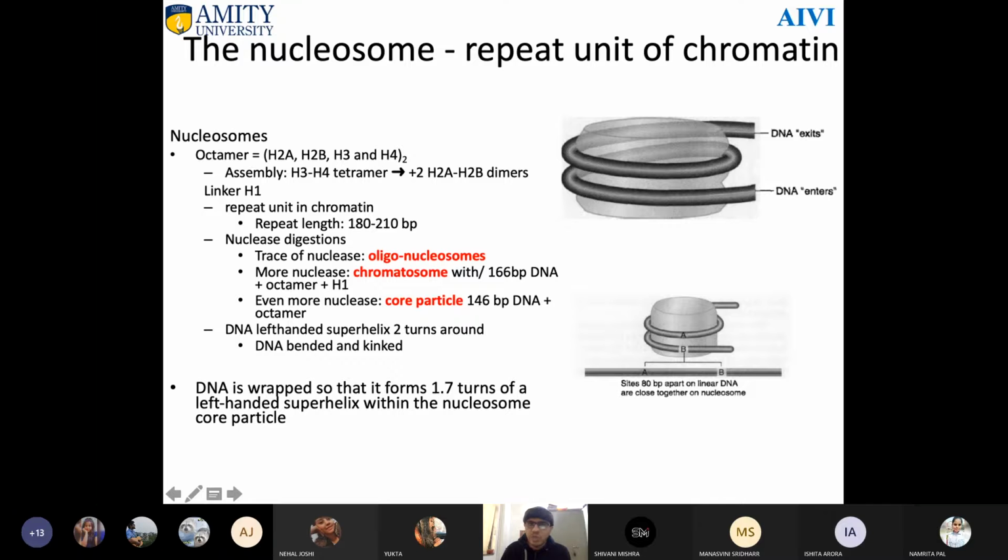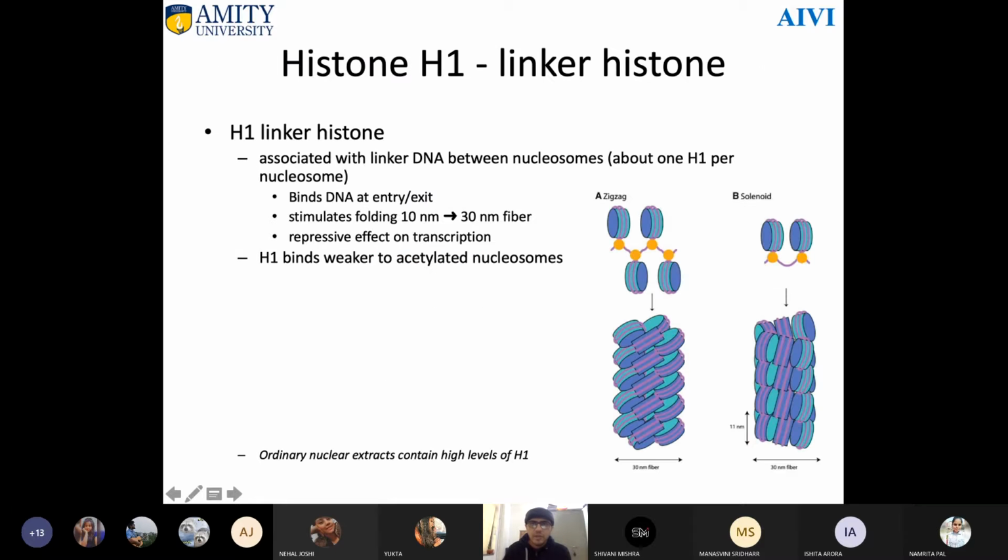If you talk about how much length of DNA is there, on average, the octamer, which you also call the core particle, has 146 base pairs in your nucleosome.